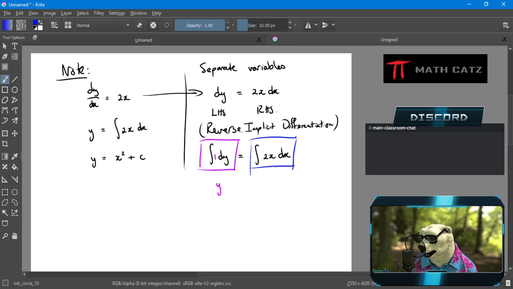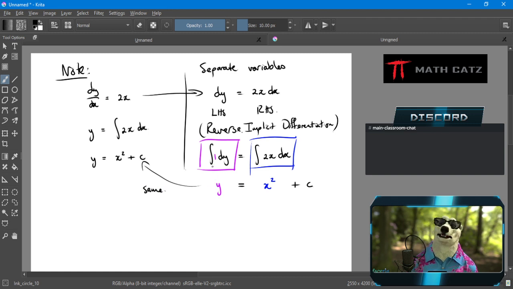An antiderivative of 2x is x squared. And just like before, we're going to group the constants coming out of each of these at the end. And it doesn't matter which side, I'm just going to put them on the right side, and there we go. And it's the same answer.